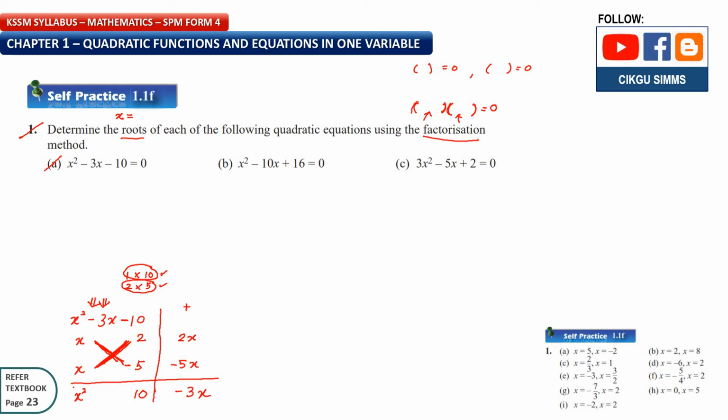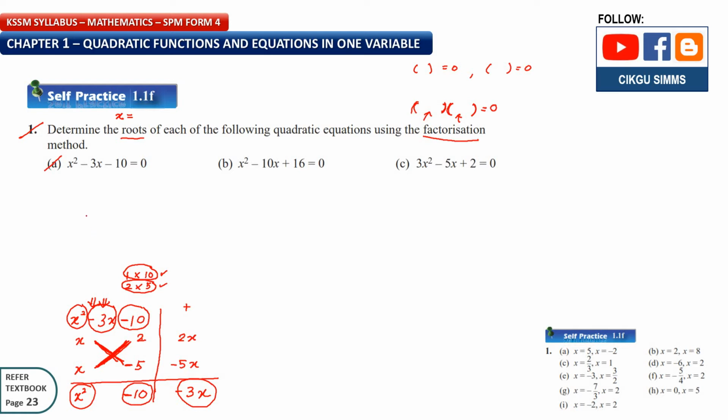So check. This is the same as x squared. 2 times negative 5, you get negative 10, so negative 10 is the same as this one. And then negative 3x is the same as this one. So you already solved it.